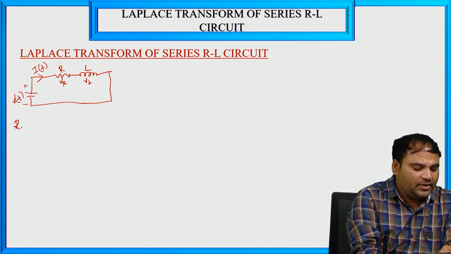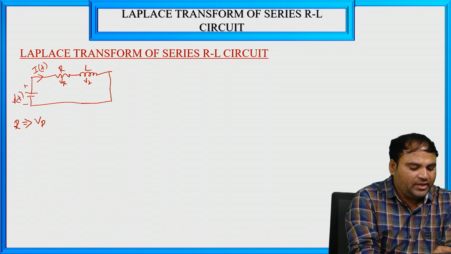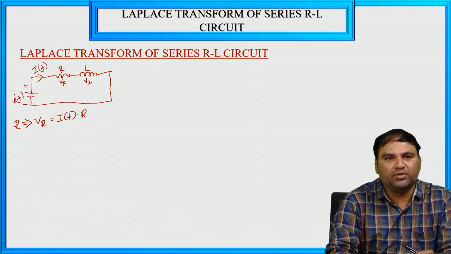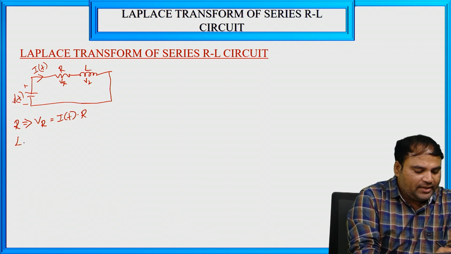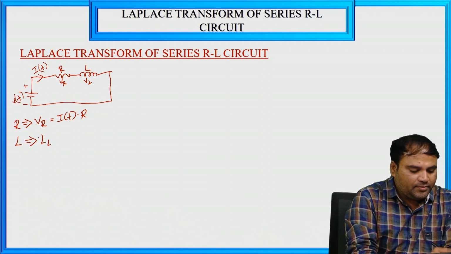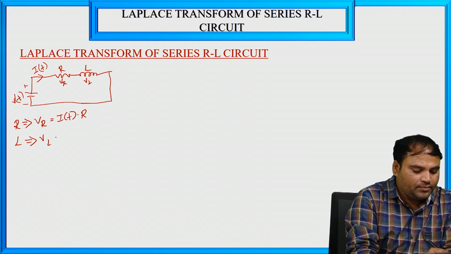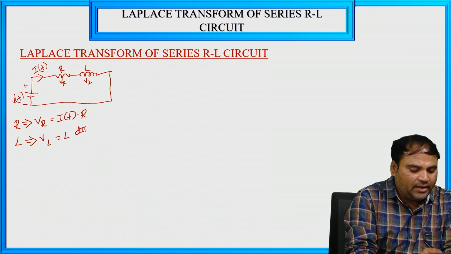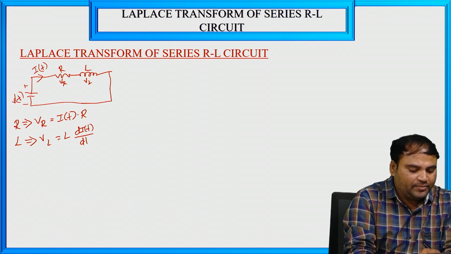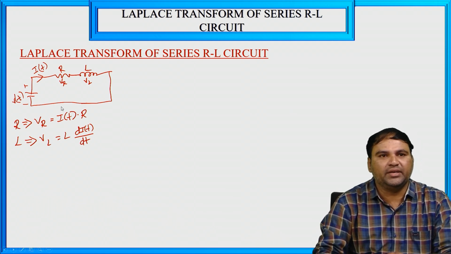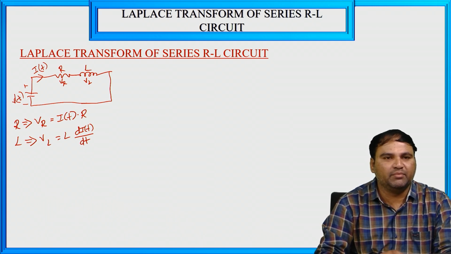For the resistor, by Ohm's law, V equal to I into R, so VR is equal to I of t into R. At inductor L, VL is equal to L into dI of t divided by dt.